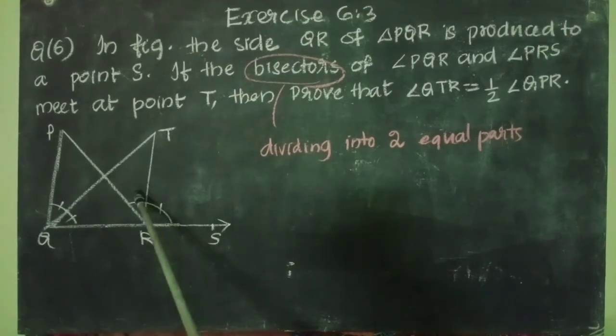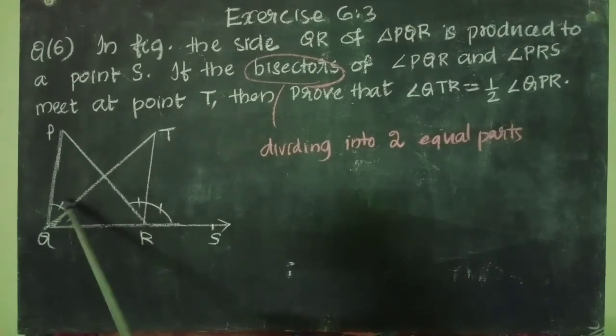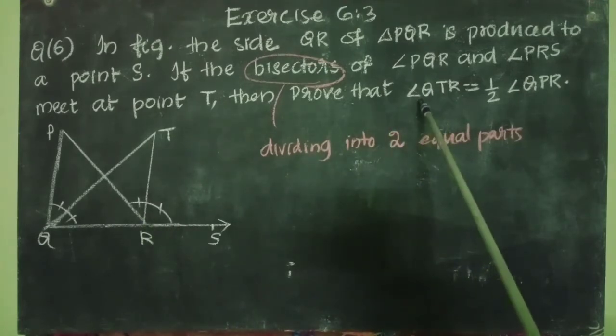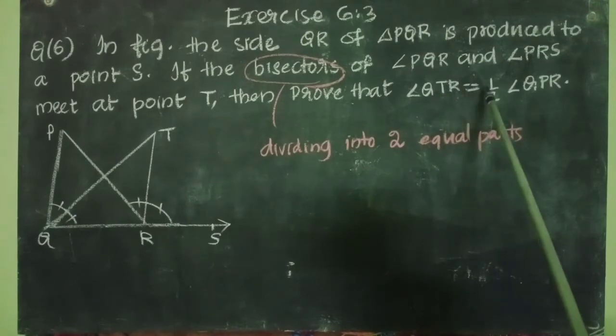These two parts are also equal. So with one bisector these two angles are equal, and here also with one more bisector these two angles are equal. We need to prove angle QTR equals half angle QPR.